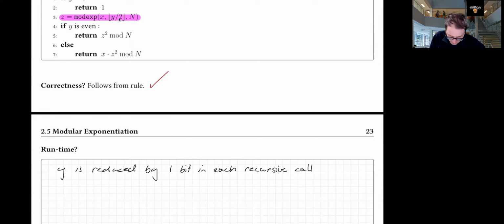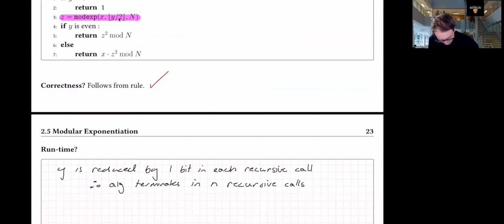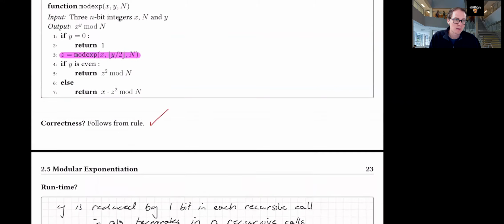And so the algorithm terminates in n recursive calls, right? Where y is an n-bit number. It says here, y is an n-bit integer.